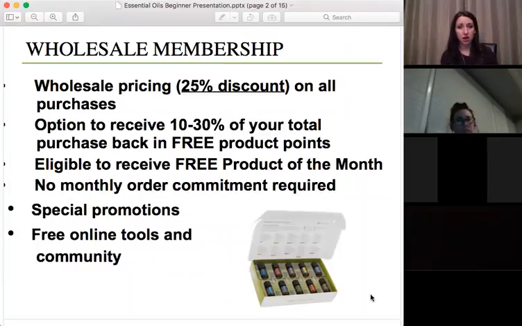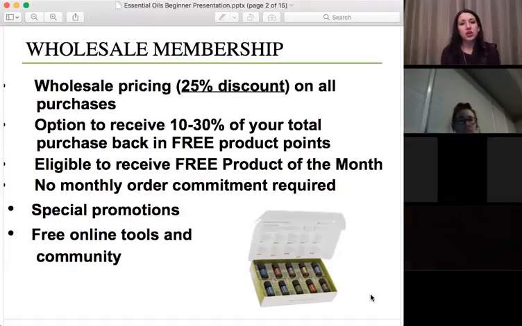When that year is up, you upgrade for, I believe, either $27 or $35, and then you're given a bottle of peppermint oil, which is about what peppermint retails for.